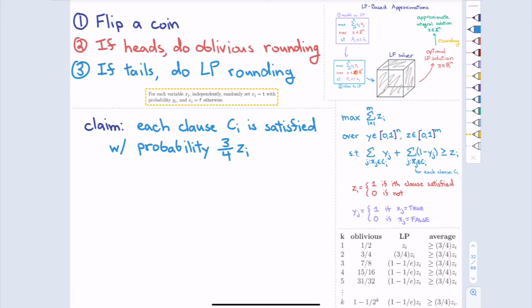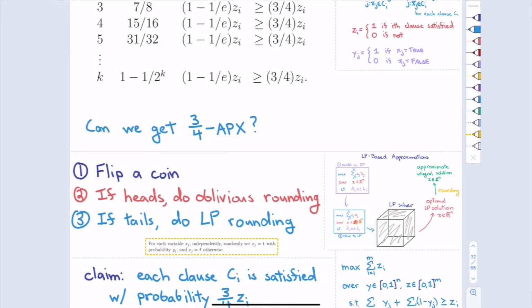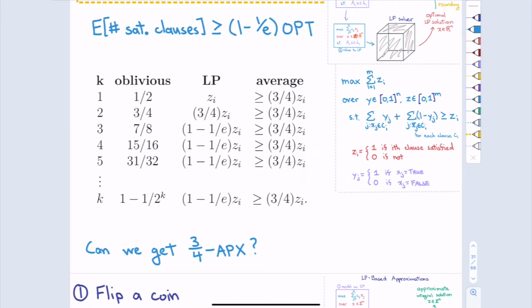So the claim now is that each clause is satisfied with probability 3/4 times zi. Does anyone see why this is true? For a particular clause, let's say we're in this row.